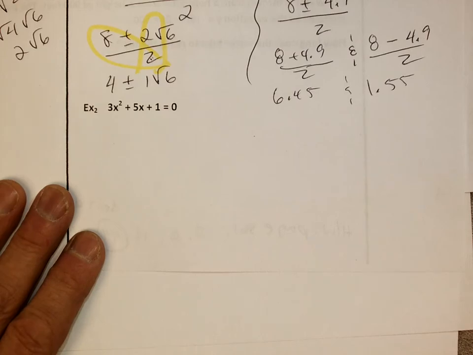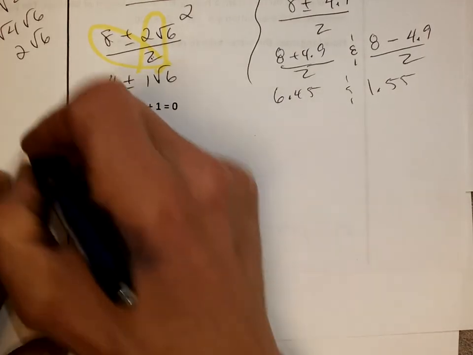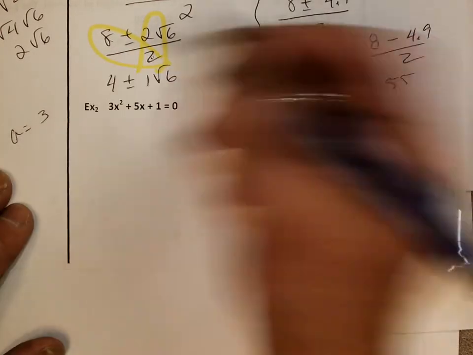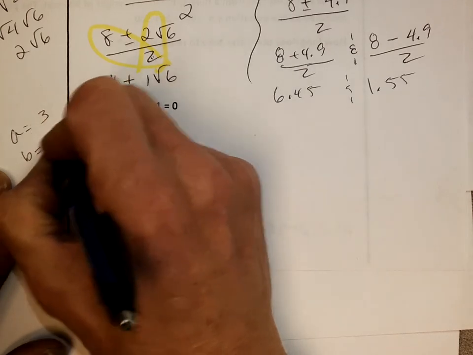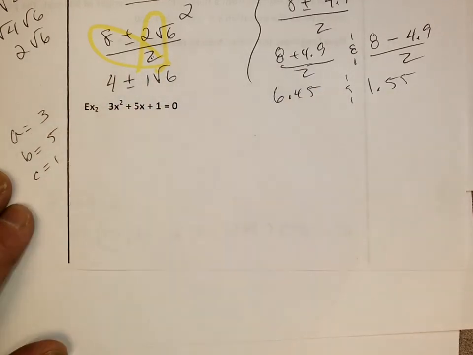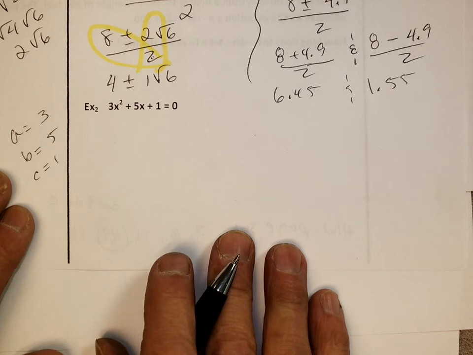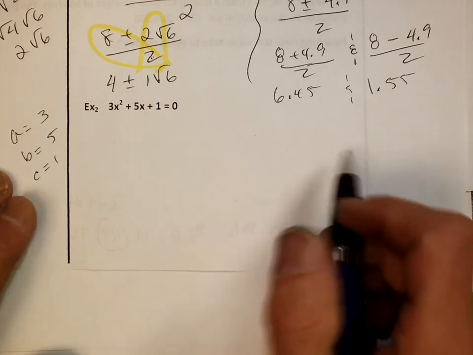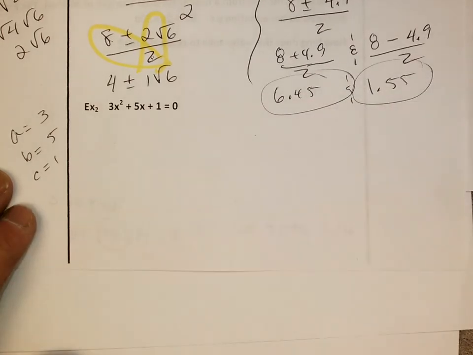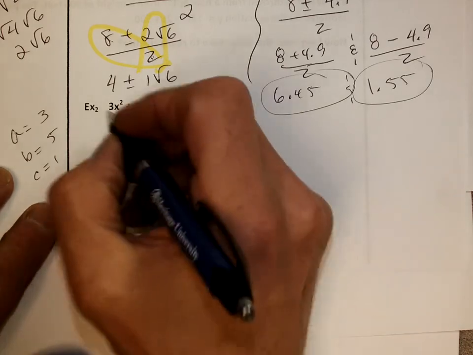Same thing. We're going to let A equal 3, B is 5, and C is 1, right? Same process. And this time I think I'll just keep it as a square root answer. We will do the decimals only for a story problem or graphing, okay? So negative b, I'm going with the formula.